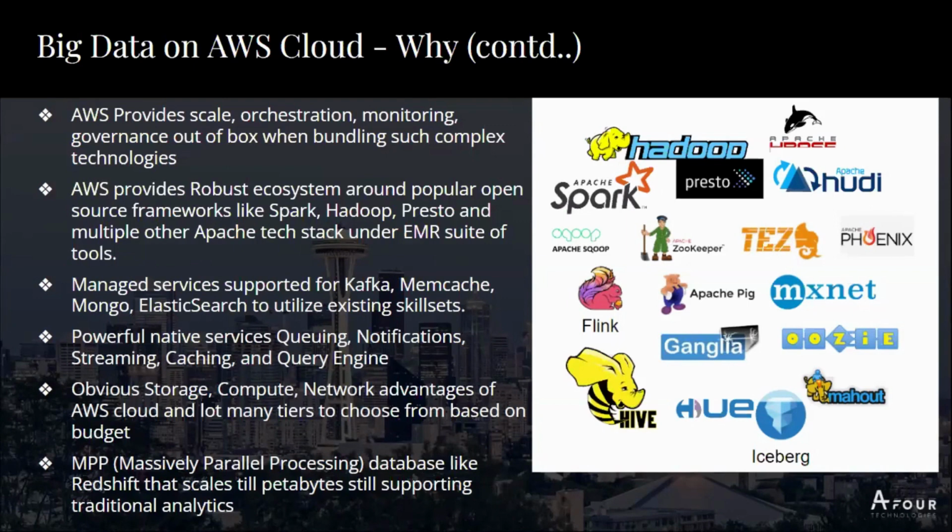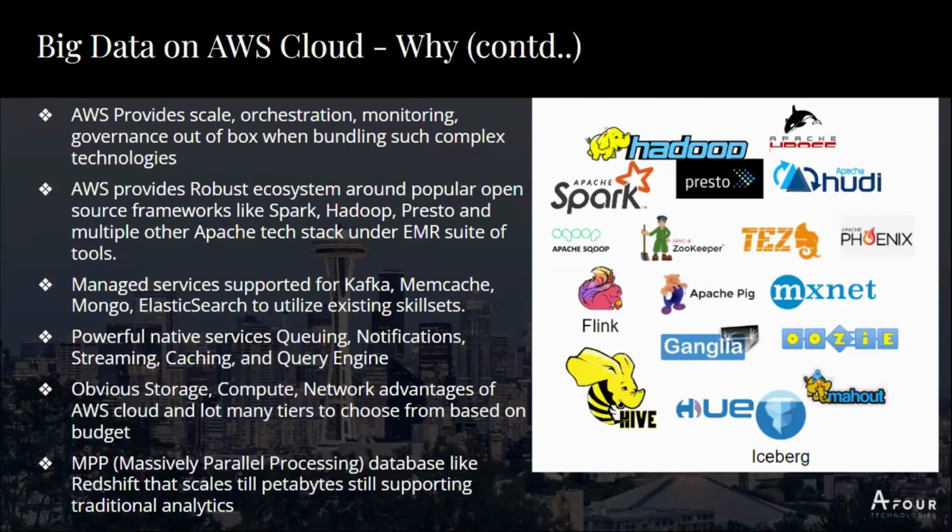And this robust ecosystem, along with combining a lot of famous frameworks like Spark, Hadoop, Presto, and some of these things listed on the right, in a very deliverable stack through their EMR technology, is a very strong point where AWS succeeds in providing these technologies. There are managed services supported for streaming.